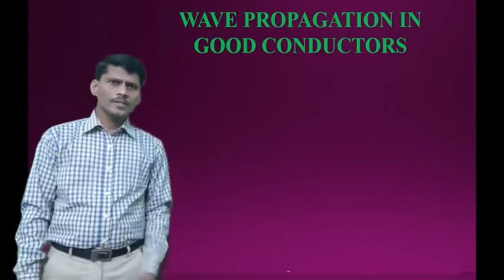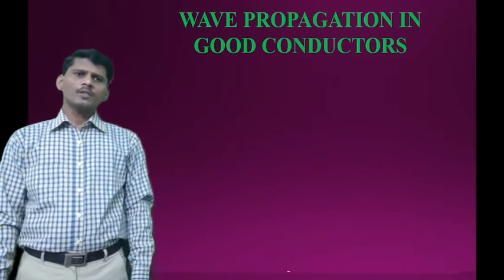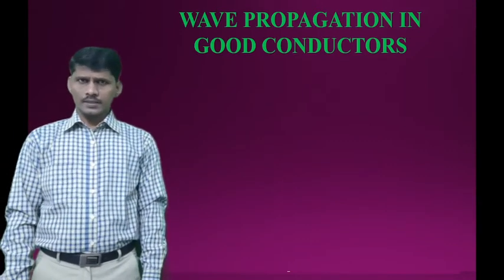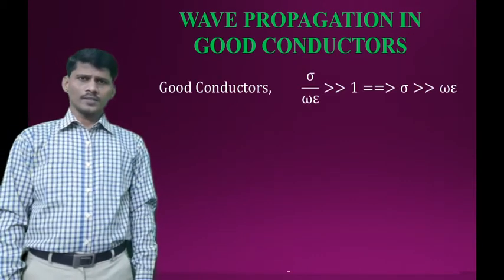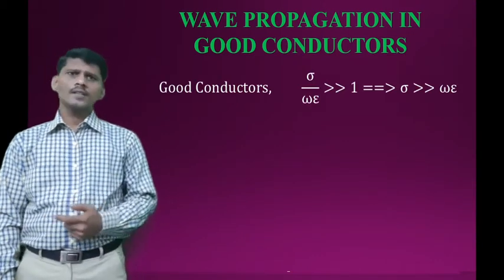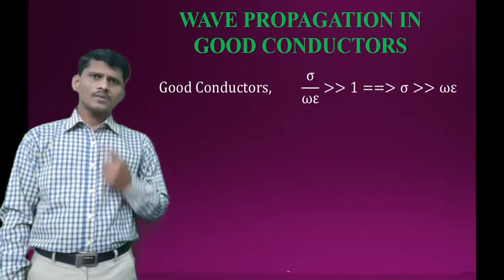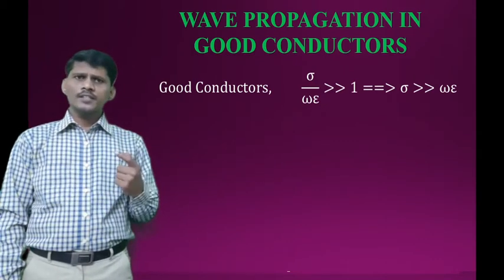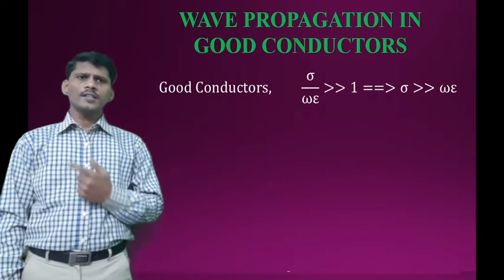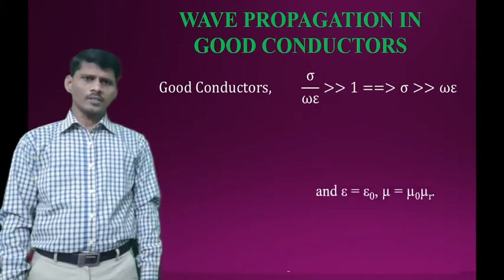Next, we are going to discuss electromagnetic wave propagation in good conductors. What is the condition for a good conductor? Sigma by omega epsilon is very much greater than 1, that is, the conduction current density is very much greater than the displacement current density.